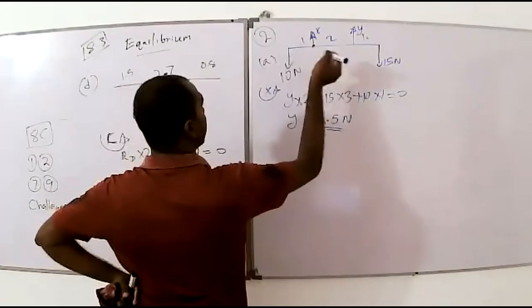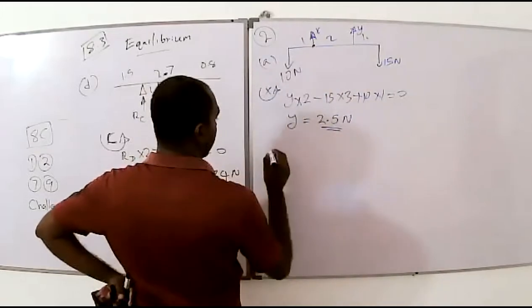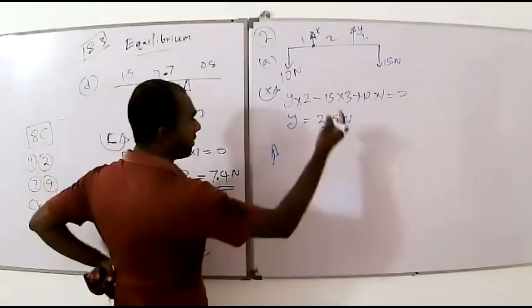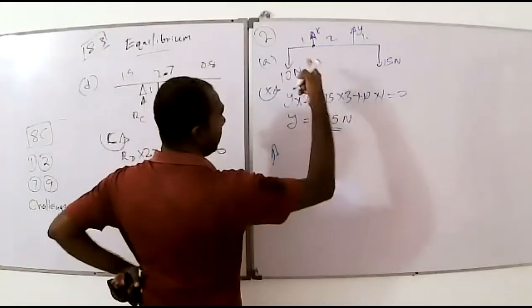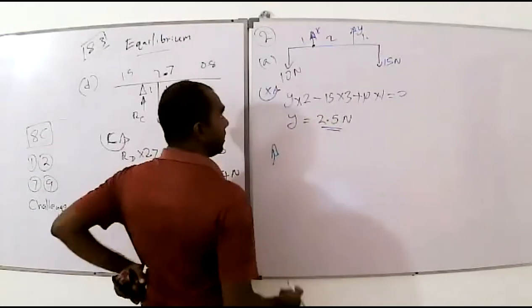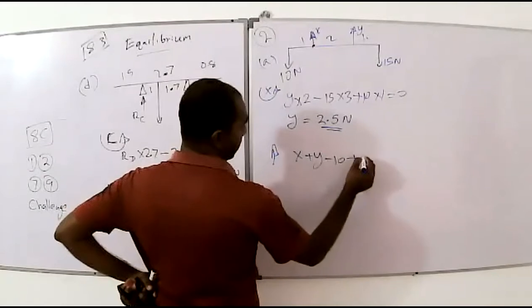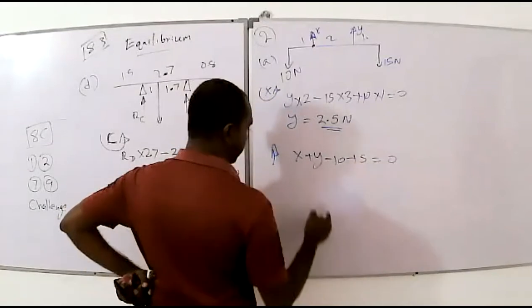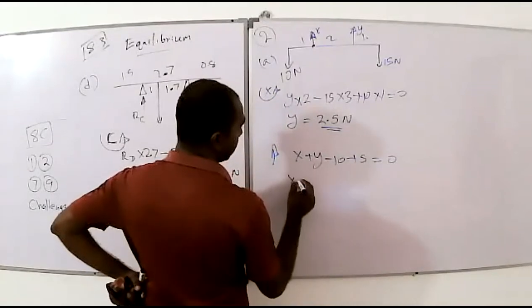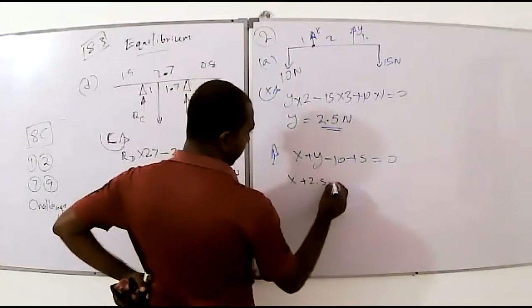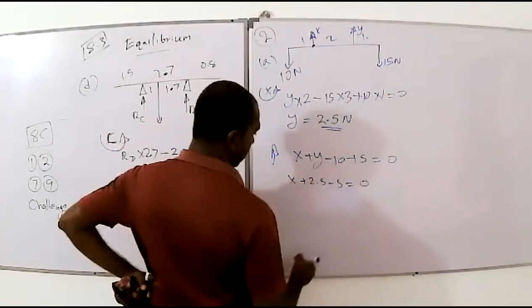What about x? So you can find x. I'm going to resolve forces upward. When you find one, you can easily find the other one by resolving. For resolve upward, x plus y minus 10 minus 15 should be equal to 0. So x plus 2.5 minus 5 should be equal to 0.